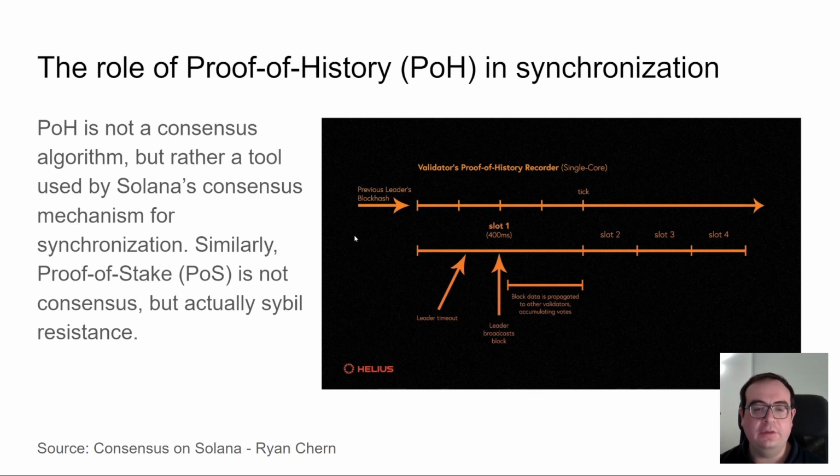We know what the limit of the hardware is. So it's internal timestamping, it's internal synchronization, and of course this helps with achieving consensus faster. I mean, it removes some inefficiencies with consensus, but it's not a consensus mechanism.